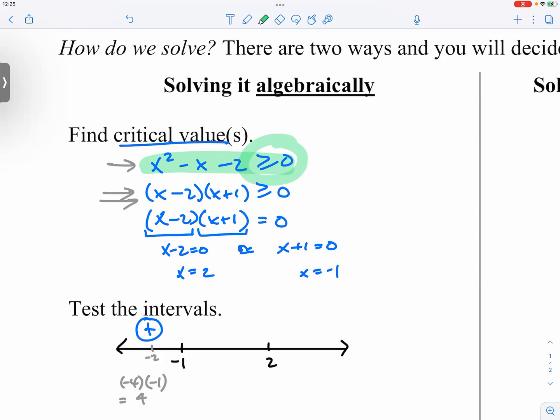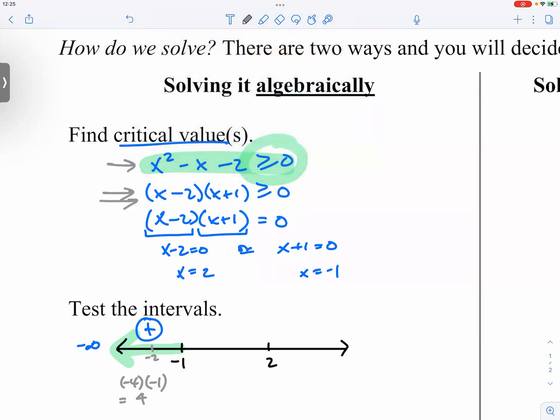So should we include this interval in our solution? You say, yeah, we should. Anything from negative infinity all the way to -1 should be our solution, because they will create values that are greater than 0, because it's going to be positive. And at -1 it will be 0, so it would also be our solution.